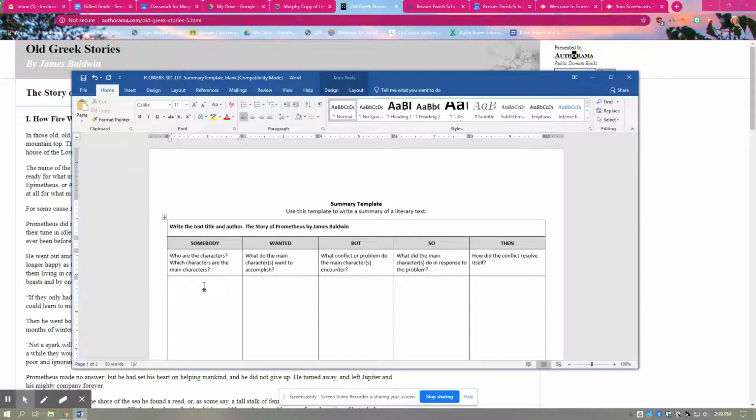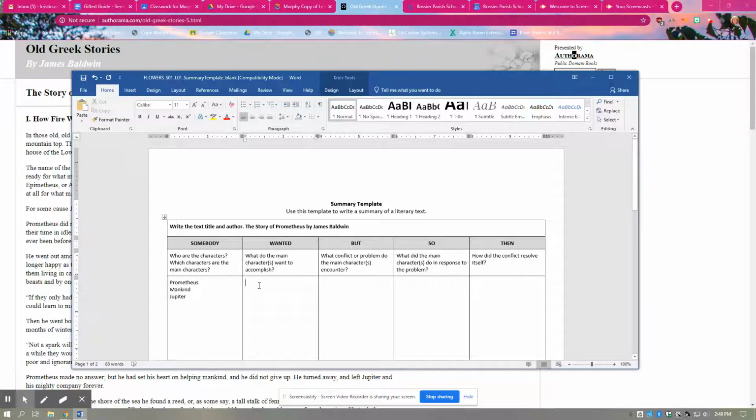So in the main part of the story that we've looked at so far, the main characters would be, of course, Prometheus. We have mankind. We have Jupiter. Those would be our main characters.